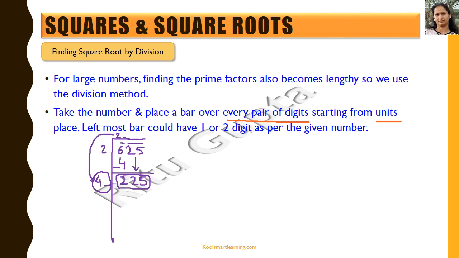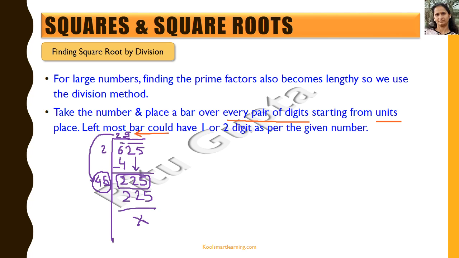So in this case, if we place a 5 over here, we have 45 here, and that needs to be multiplied by 5. So 45 multiplied by 5 becomes 225, which is equal to the number present here, and we are left with no remainder. So this 25 that we have in the quotient is the square root of the given number, which was 625.